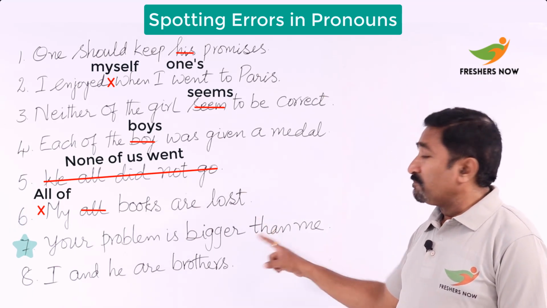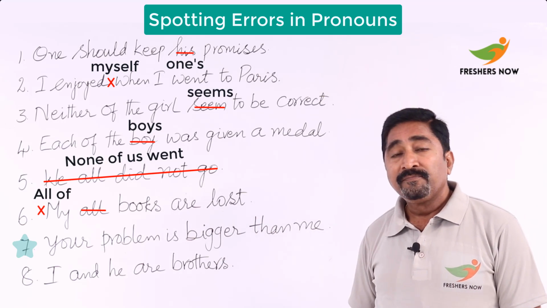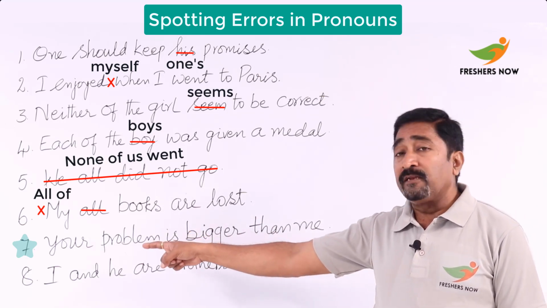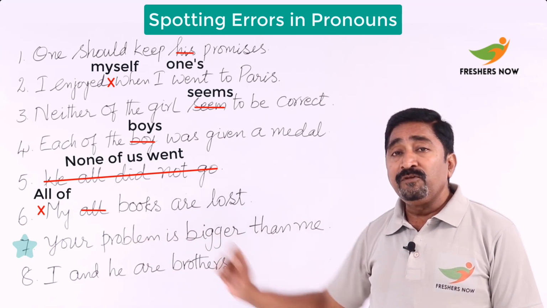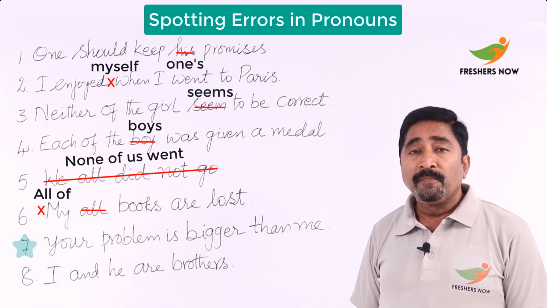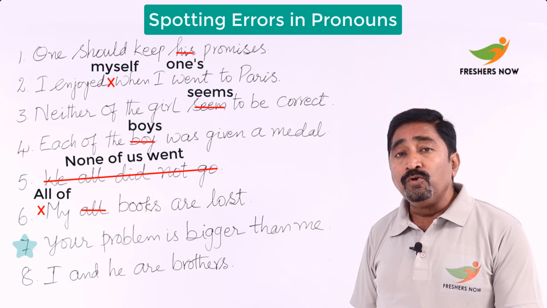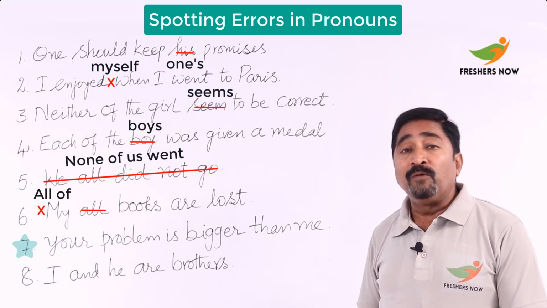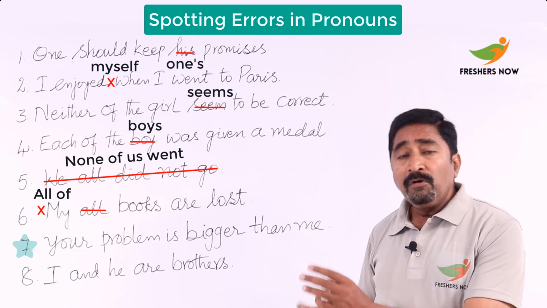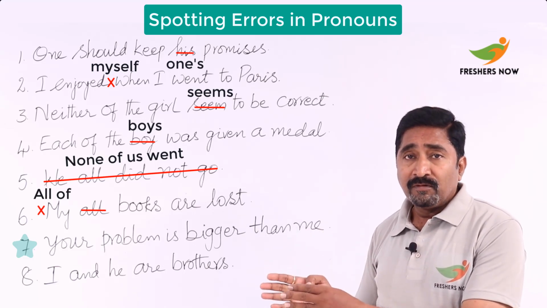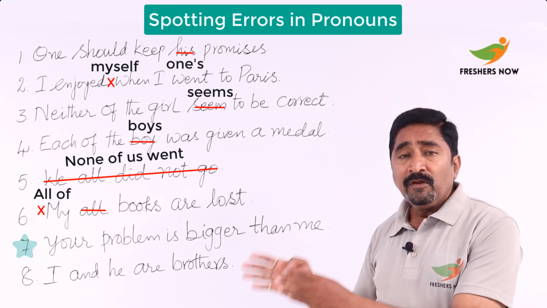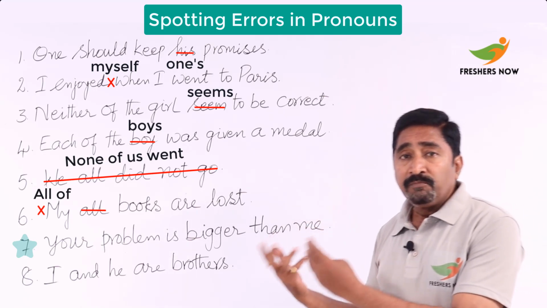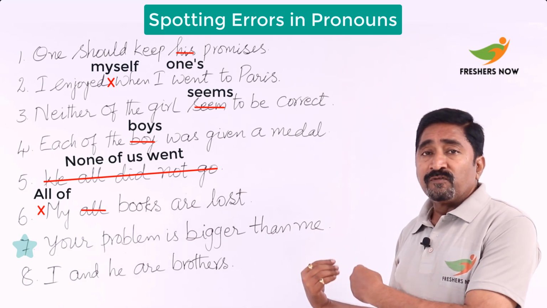Your problem is bigger than me. It is not personal. There you can see how the subject is used. Your problem. It is your, possessive, and problem is a noun. So whatever the subject used, if it is a subject pronoun, we try to make a comparison with a subject pronoun. If it is an object pronoun, we try to use an object pronoun.